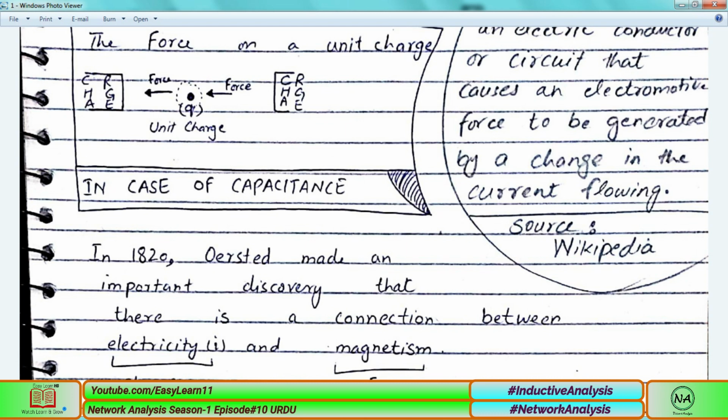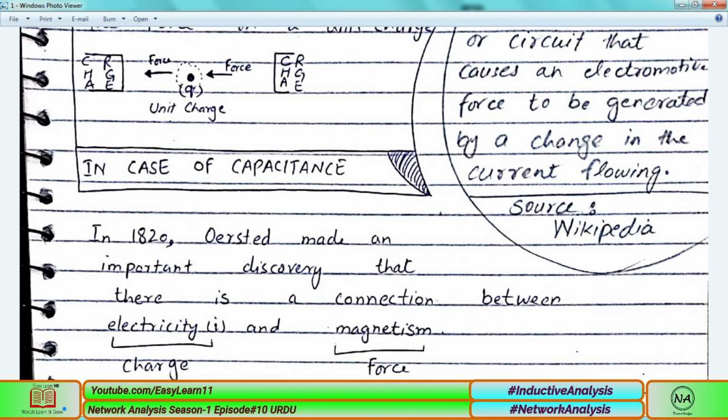Then he noticed that there is a relation between magnetism and electricity, because when the circuit is turned on and charges go through it, it wirelessly affects the compass that is placed far apart from the circuit.